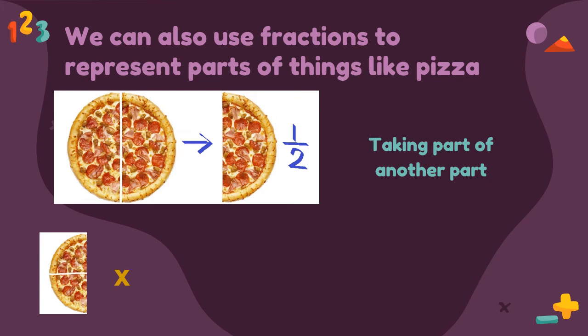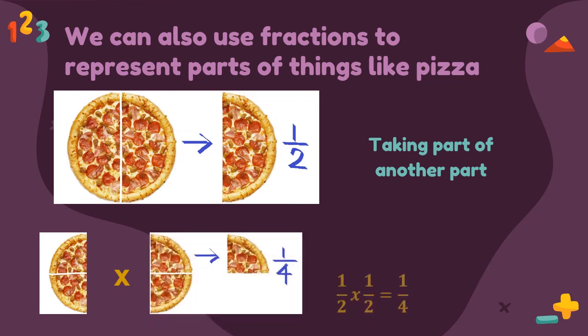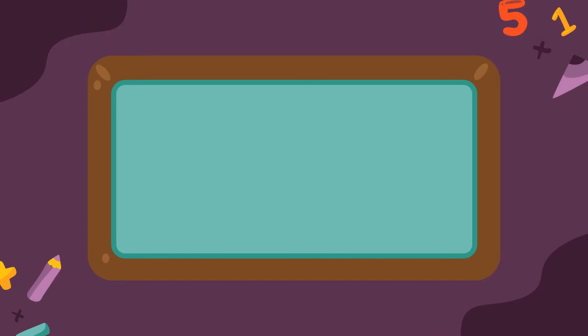And if we do multiplication, 1/2 times 1/2, you see that we do get 1 over 4. So that's why you can think of multiplying fractions as taking part of another part.